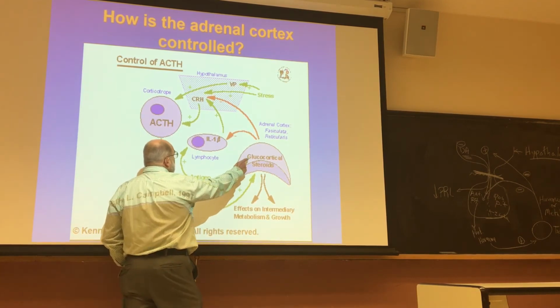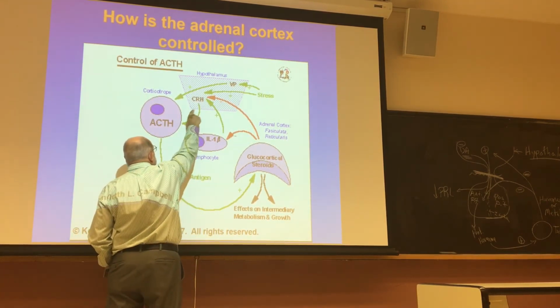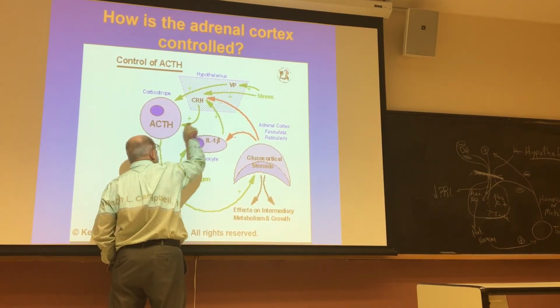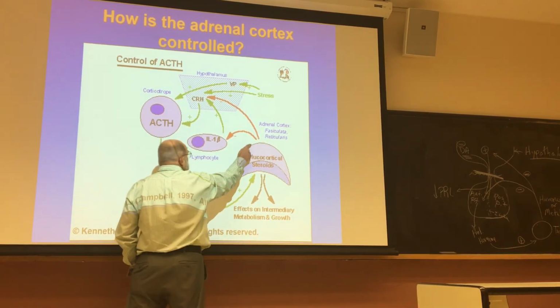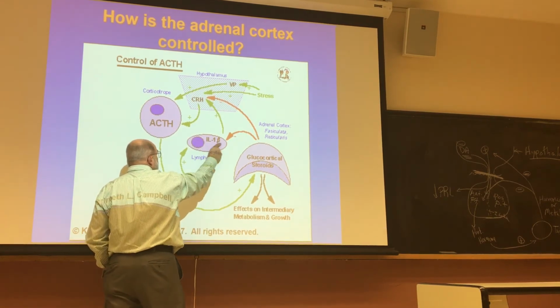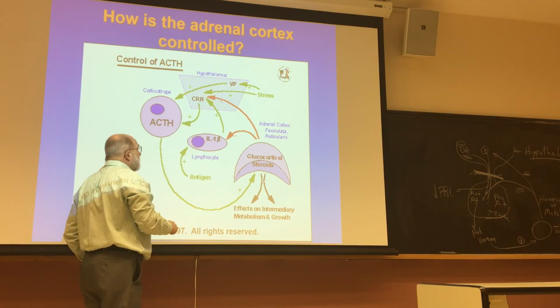Glucocorticoid steroids have a negative feedback here and help suppress ACTH via control on corticotropin releasing hormone production. They're also suppressing immune function and the production of IL-1 beta, which normally would be stimulatory up there.